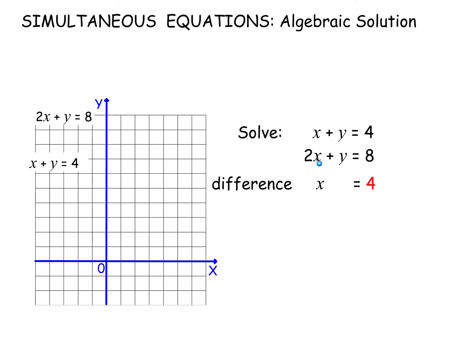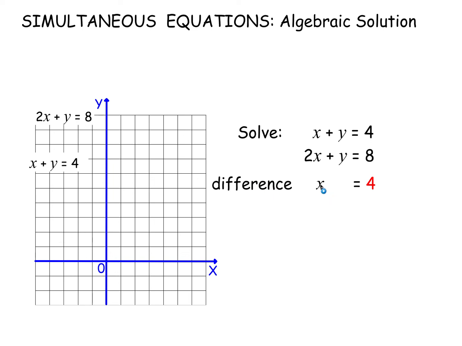This 2x, subtract off that x, and it'll leave a 1x. From this y, subtract off that y, and it'll give you 0. The y's are eliminated. This 8, take off that 4, and you end up with 4. It's the second equation minus the first equation. So it's a subtraction, a difference.